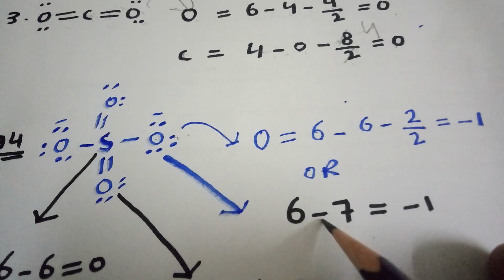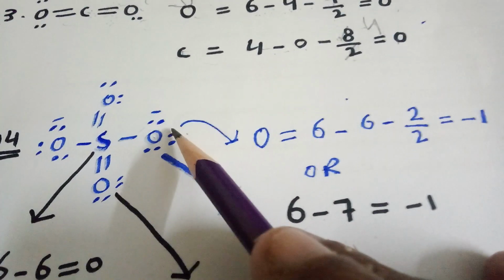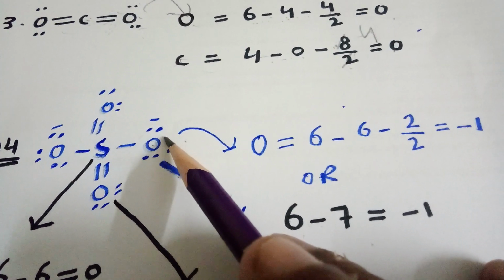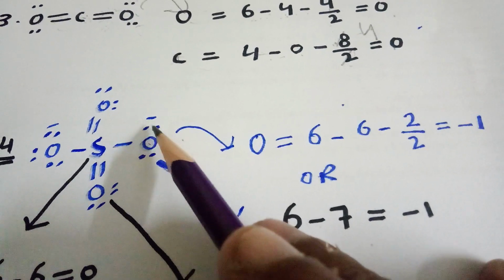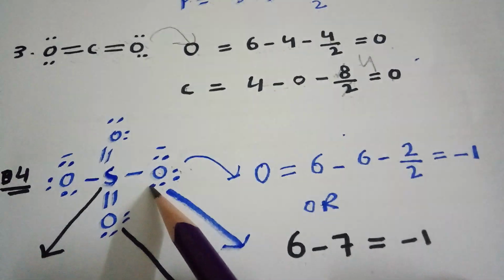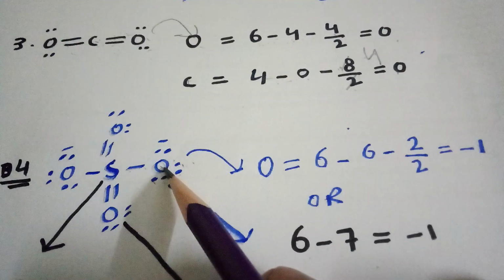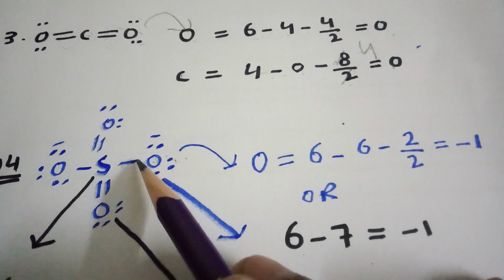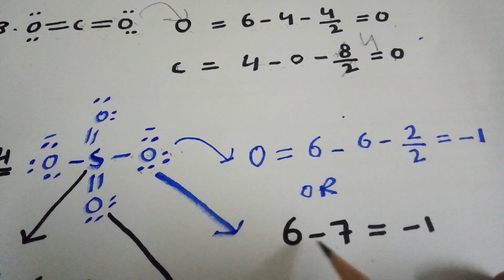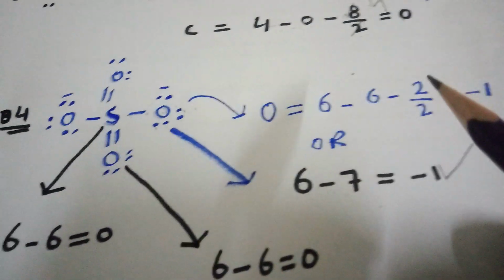So there are 6, and minus the total number of electrons present on oxygen. You can count 1, 2, 3, 4, 5, 6. So 6, and oxygen shares 1 electron with the sulfur. So 6 and also this 1 electron, so this will be minus 7. 6 minus 7, so the answer will be minus 1.